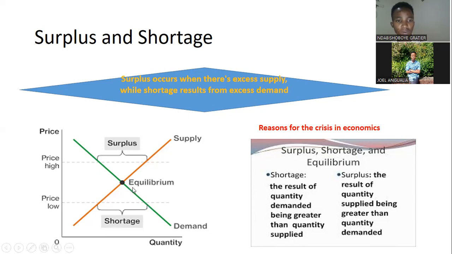So in real economics, people would wish to operate at the equilibrium where supply and demand are equal, as we have seen.